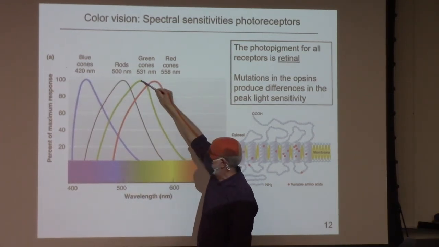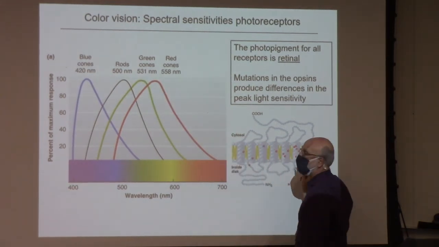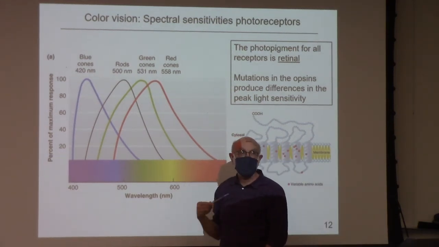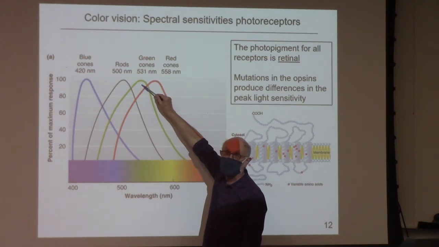And the green cones are not green, but they have amino acid specificity that gives the retinal in that opsin the highest specificity to green light.